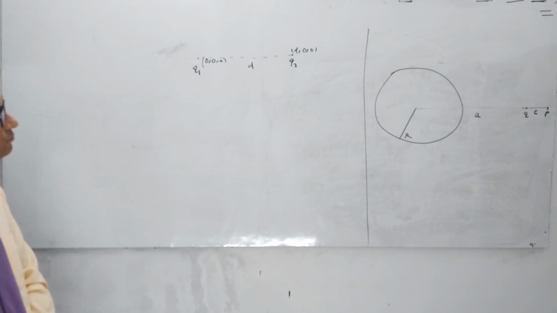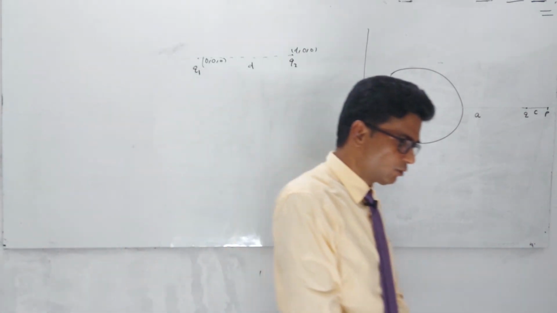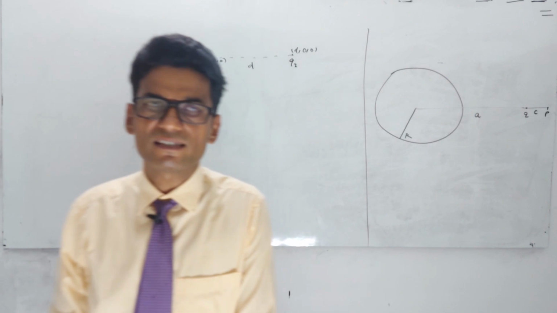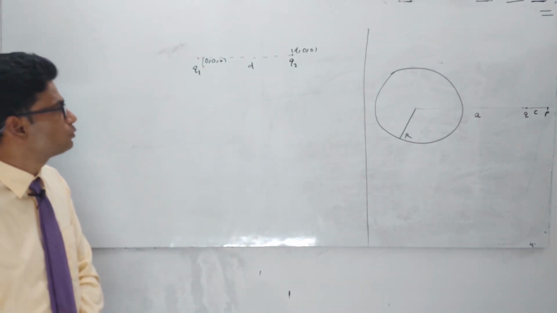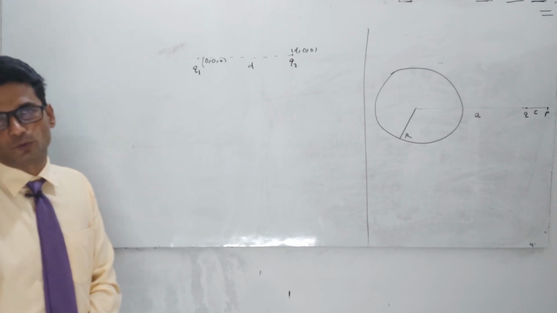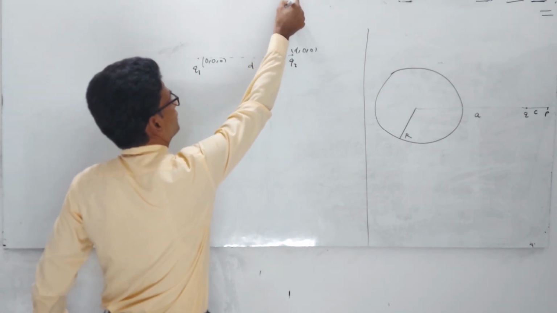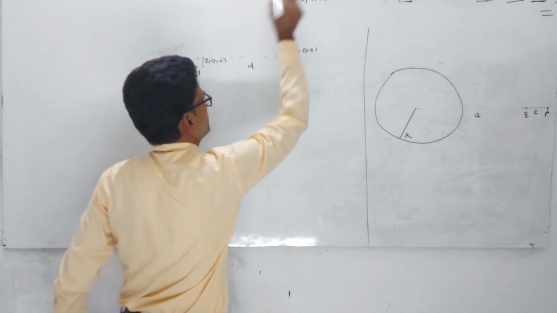Now we try to find the equipotential surface due to these two point charges Q1 and Q2. So take a point here, say P. Its coordinates are taken as x, y, z in space.